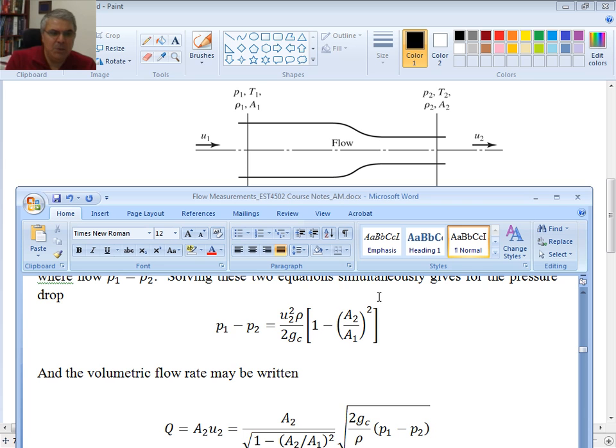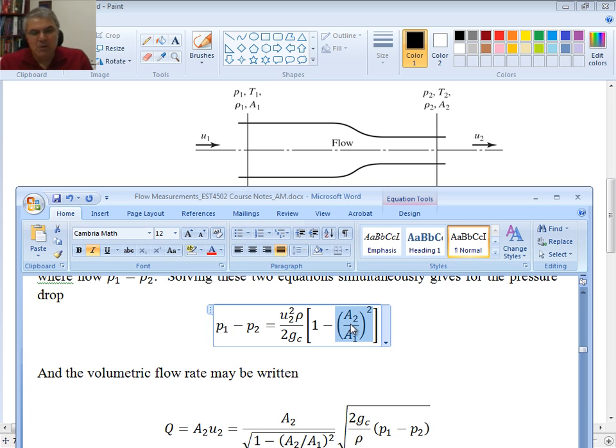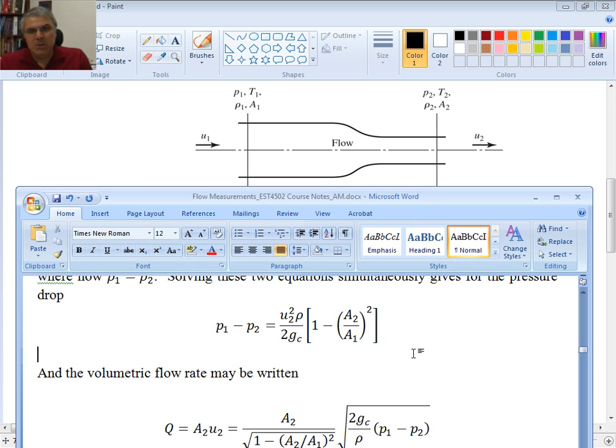But if A2 is greater than A1, then A2 divided by A1 would be larger than 1. So I'm subtracting something larger than 1 from 1, and this would be a negative number. P1 minus P2 would be negative, so there would be a pressure decrease.